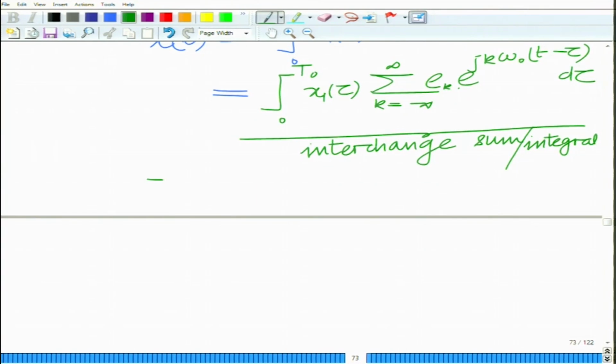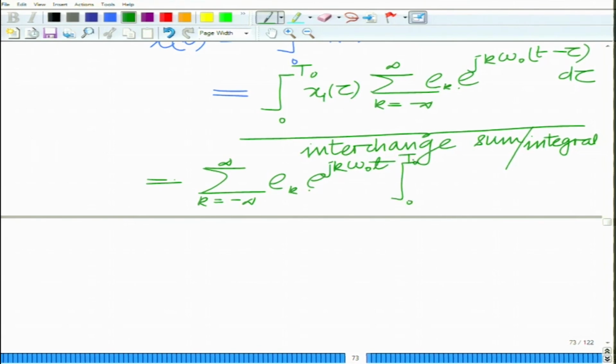If you interchange the sum and integral, that gives us summation k equals minus infinity to infinity e k, integral 0 to t naught. We can split the exponential: e raised to j k omega naught t does not depend on tau, so it comes out of the integral.